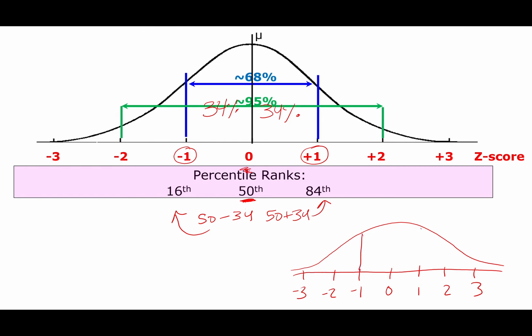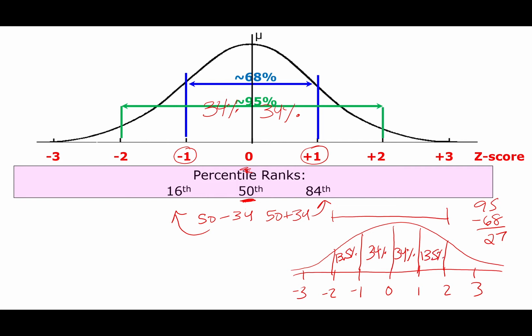So it helps to kind of think of these as pieces. So this is 34%, 34%. And then if we do our 95, that takes me for the two standard deviations, minus 68. And that gives me 27. So these are 13.5%.